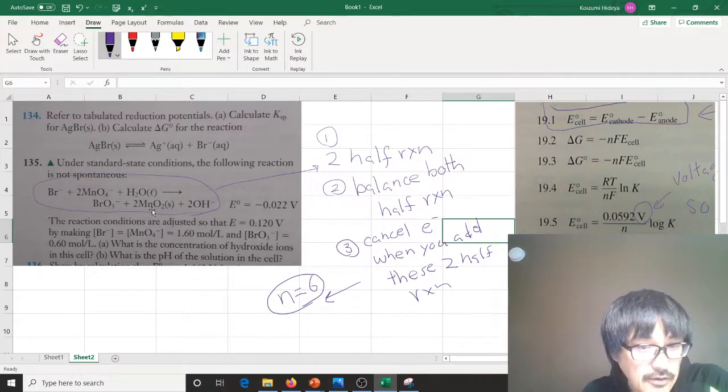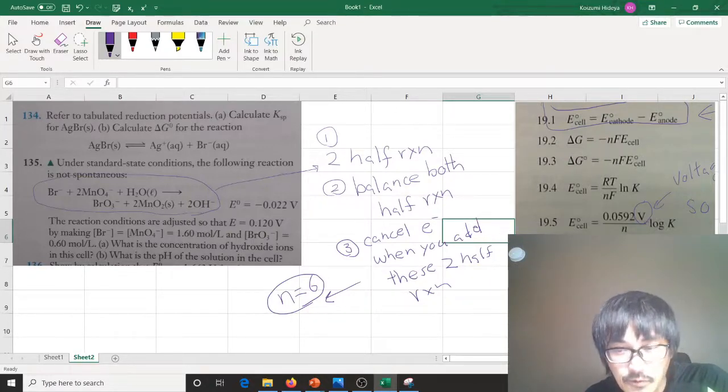And then once you do that, you're going to have to figure out what formula you want to use. You can use either this one, or this one. This one is a little bit simpler, so I use this one. You can completely ignore this V right here; that's just a unit.